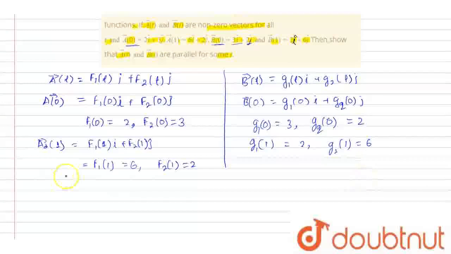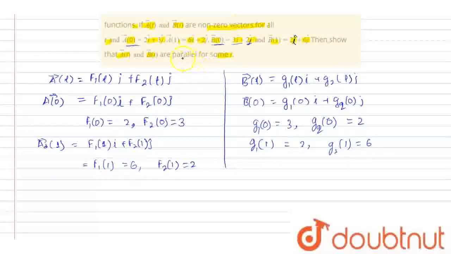Now in the question we have to show that A and B are parallel. The condition for vector A and vector B to be parallel is that their slopes will be equal. We can say that the slope of A is equal to the slope of B. This is the condition.